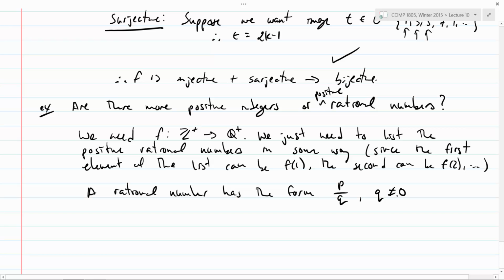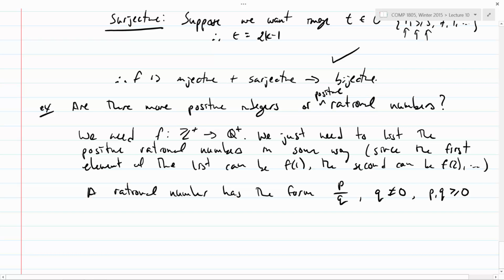And since we're dealing with positive rational numbers, I can assume that p and q are bigger than or equal to 0. One of them can't be negative, that wouldn't make any sense because I'm only talking about the positive rational numbers. And if they're both negative, then really it's just a positive, because the negatives cancel and you get a positive rational number. So p and q are both bigger than or equal to 0.